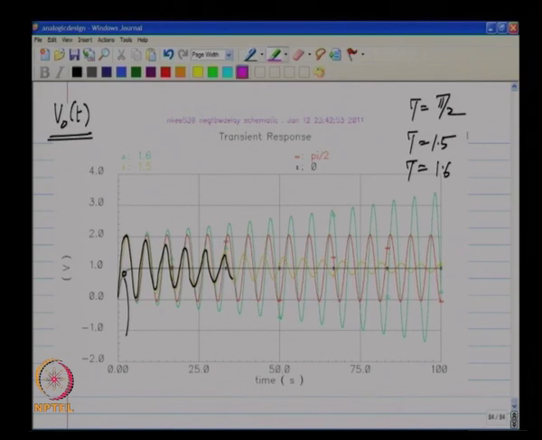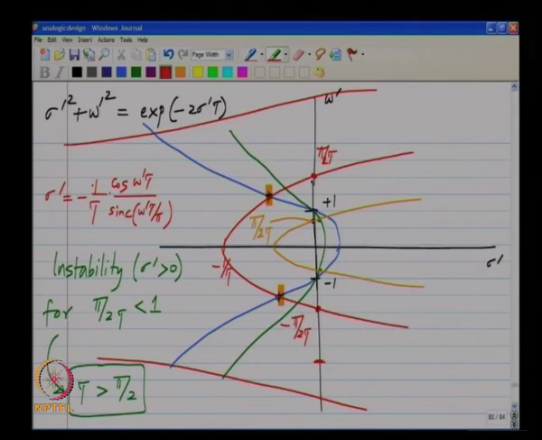Now, the red curve here is the case for which tau is pi by 2. And you can see that it produces a sinusoid of constant amplitude, and this makes sense, because for tau equals pi by 2, the points of intersection will be exactly on the y axis. So, that means that sigma prime will be 0, the exponential will simply become unity, and the omega prime will be corresponding to these 2 points, plus or minus 1.